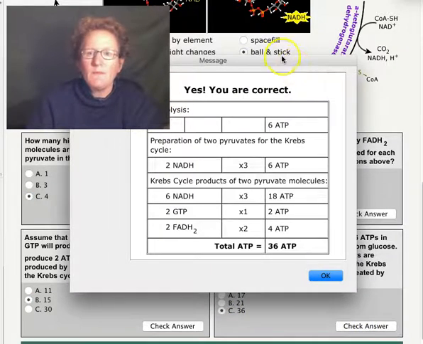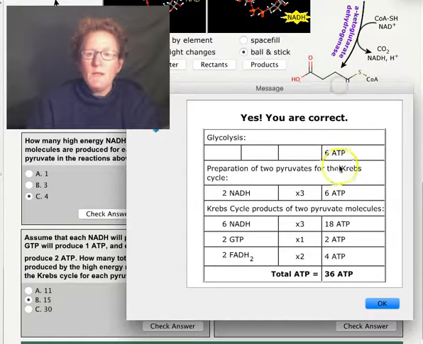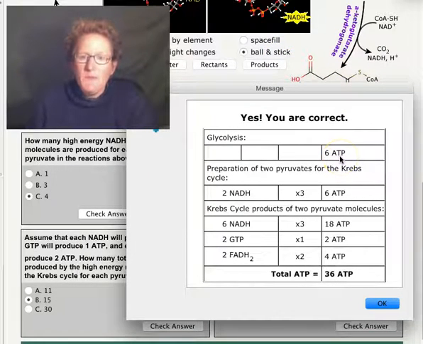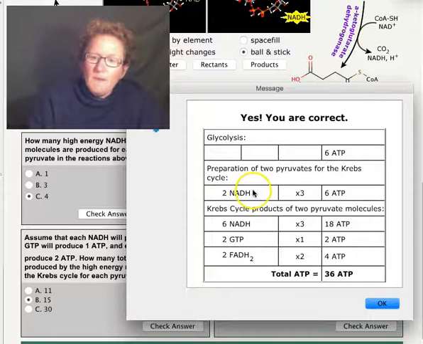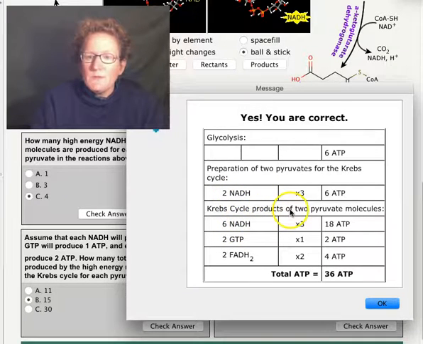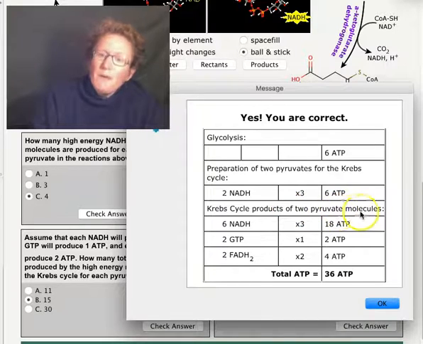And here's a better accounting of that. In glycolysis, we make 6 ATP and 2 pyruvates. Those 2 pyruvates come in and make 2 NADH. Well, that actually happens in glycolysis here. And then the Krebs cycle produces 2 pyruvate molecules.